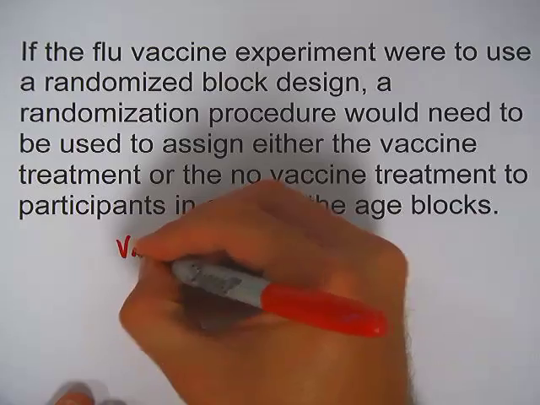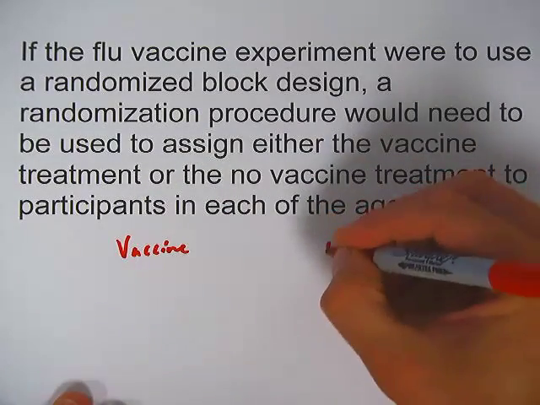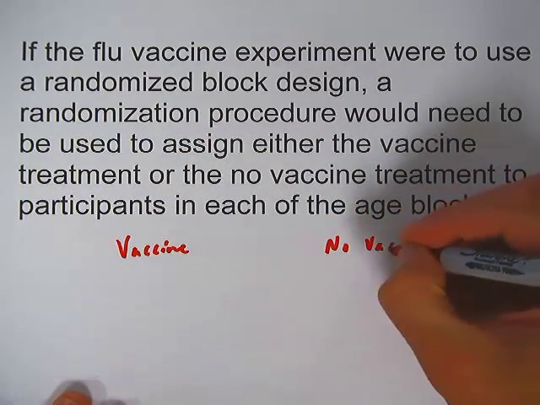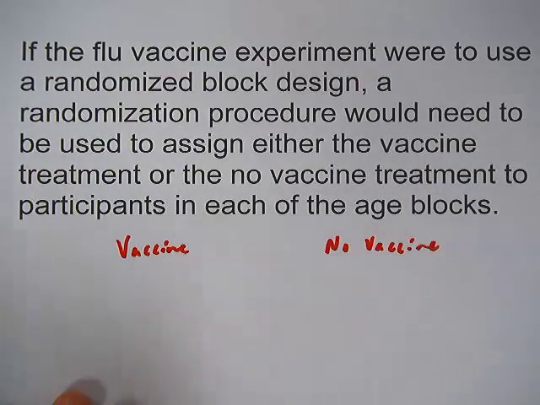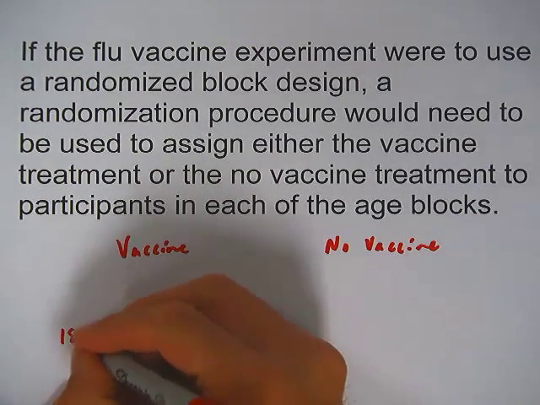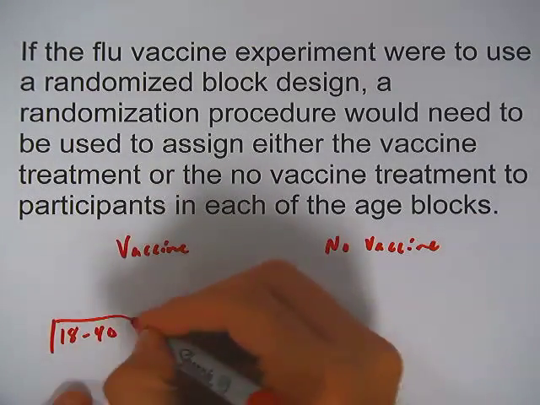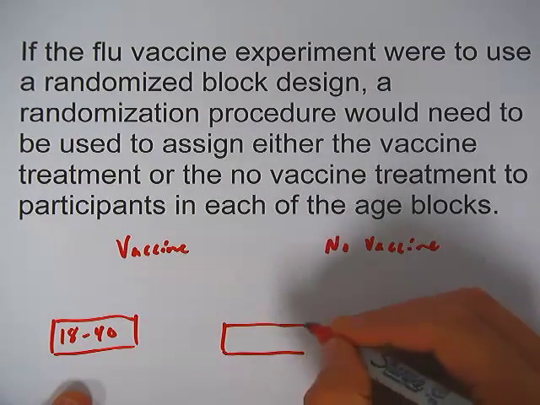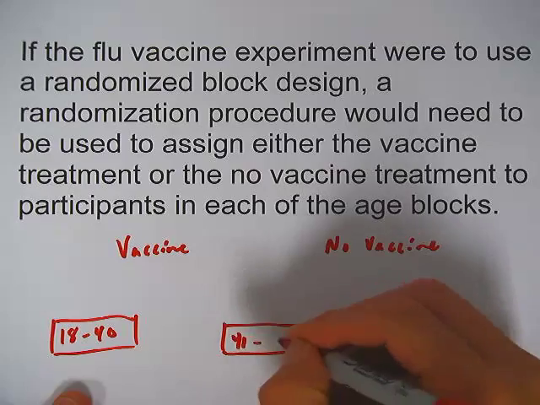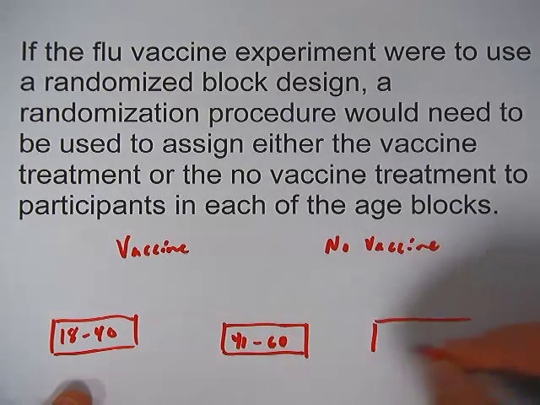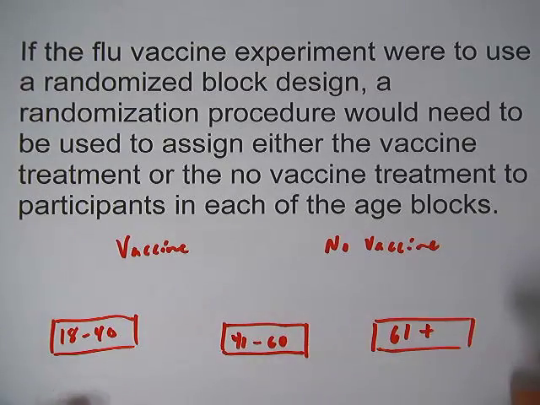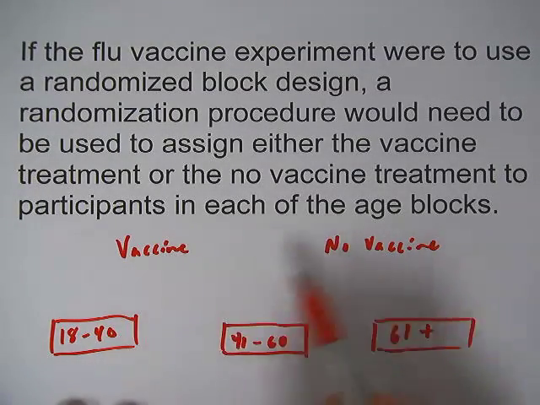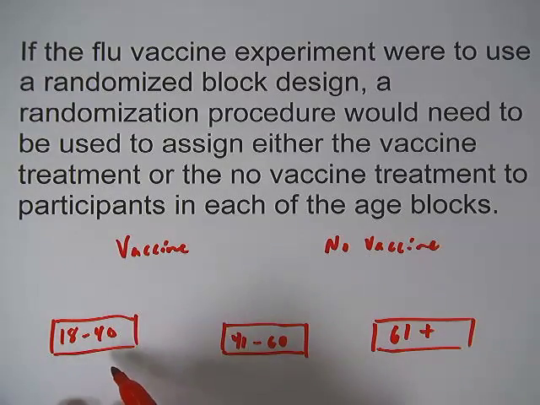So if we think about our two treatments, vaccine and no vaccine, and then our three blocks, 18 to 40, so all of the 18 to 40-year-old participants are in that block, 41 to 60, and 61 and up, 61 plus. We want to make sure that we're going to assign each treatment to each block.